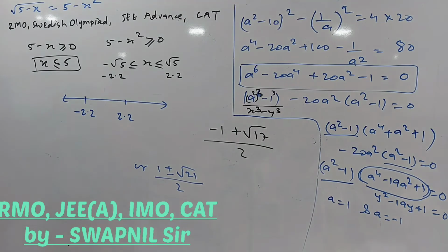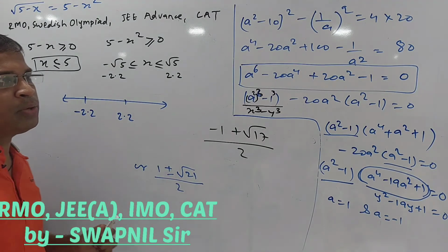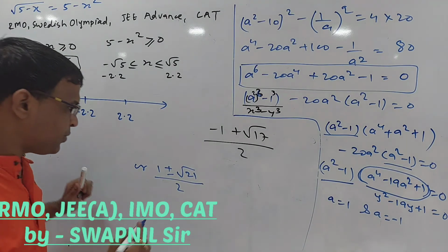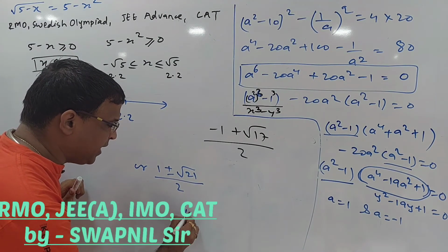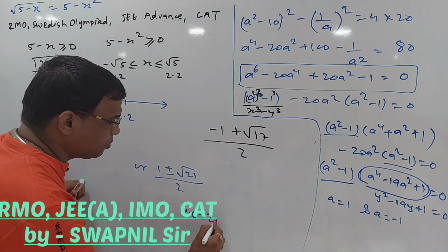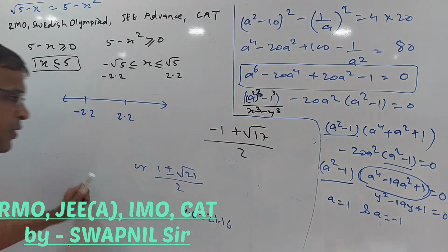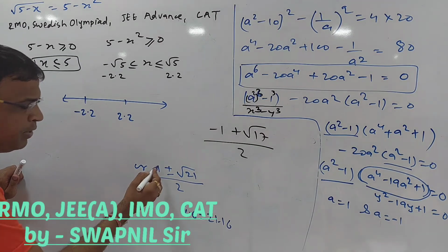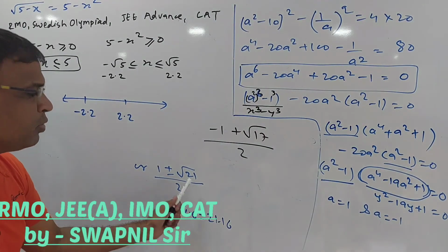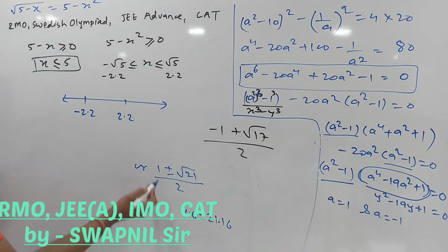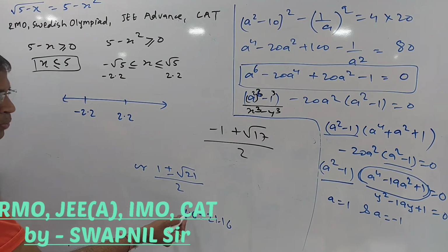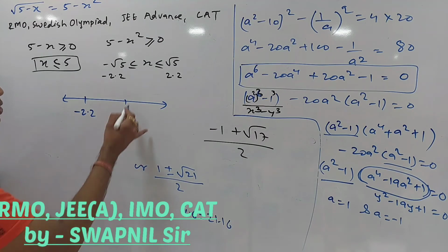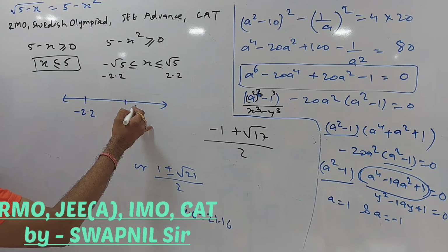Now jumping to the second one, root 21. Guys, root 21, I guess, 4.6 square is 21.16. So let me take root 21 to be 4.6, which is close to it. That is a Vedic math trick I have used to get the answer quickly. So 1 plus 4.6 is 5.6, 5.6 upon 2 is 2.8, and 2.8 is beyond the range, so that positive one won't work out.